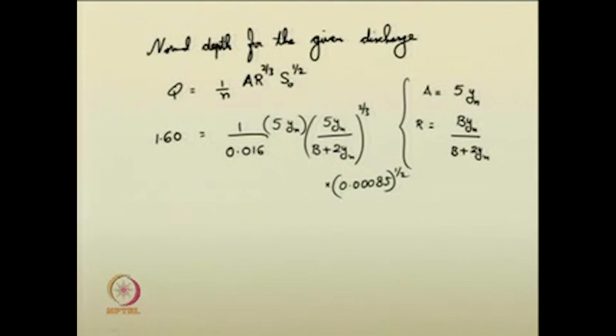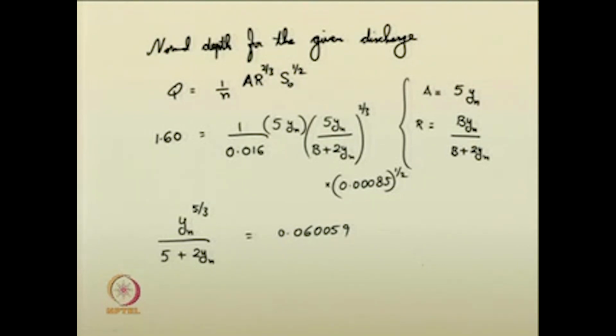You rearrange the terms, you know many of the quantities, only y n is the unknown quantity here. So, you rearrange the things, you will get y n to the power of 5 by 3 by 5 plus 2 y n. This is equal to 0.060059.